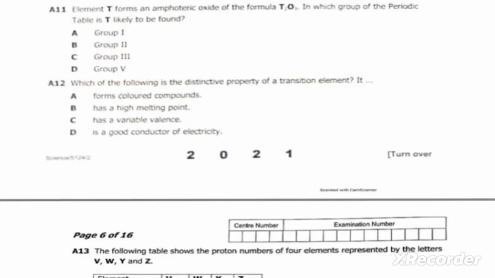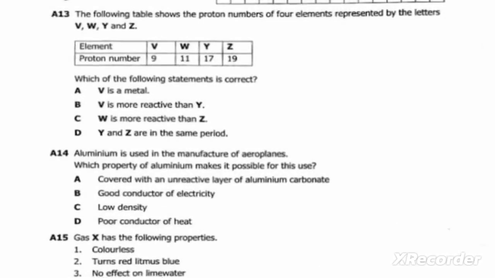So this is a distinctive property of transition metals. Our correct answer therefore is C, they have variable valence. We shift to the next question, which is question A13.